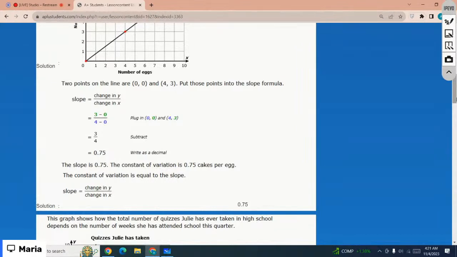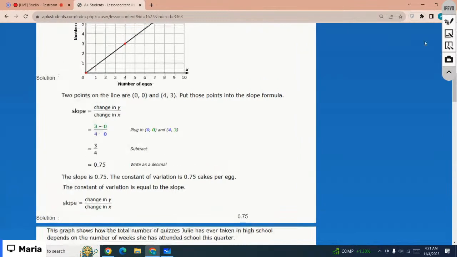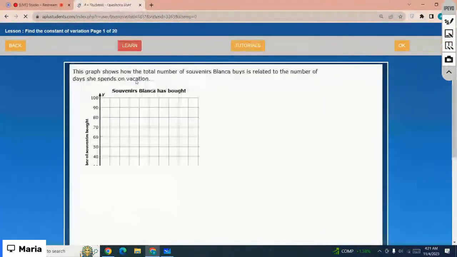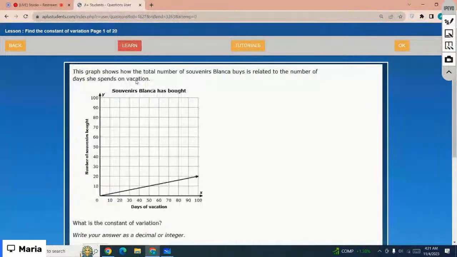Let's just start with the test questions. Okay, this graph shows how the total number of souvenirs Blanca buys is related to the number of days she spent on vacation. What is the constant of variation?